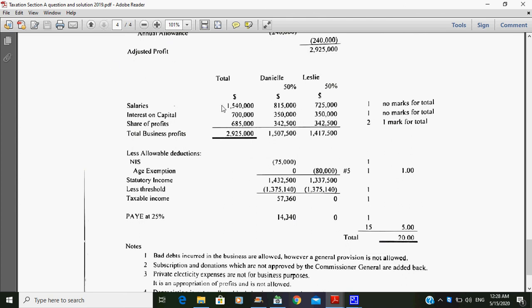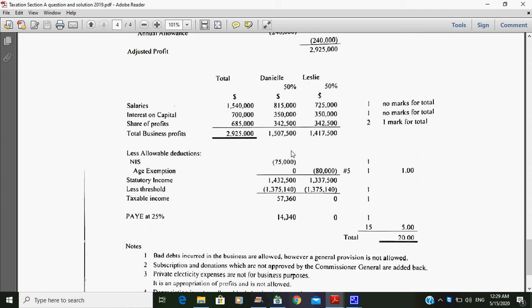You have the appropriation account. Technically this portion of the question is really an adjusted appropriation account. Now you have interest on capital, 700,000. To get the 685,000 share profits, you add these two and subtract them from the 2,925,000. Then you get 685,000. You divide them 50% each, and you get the total business profits, which are the separate figures right here.